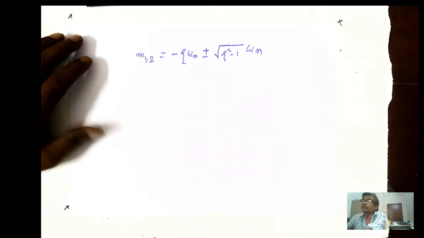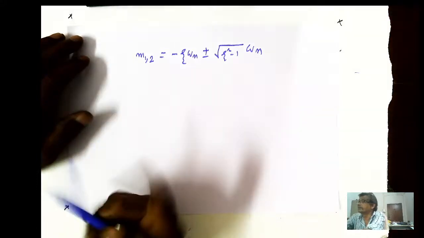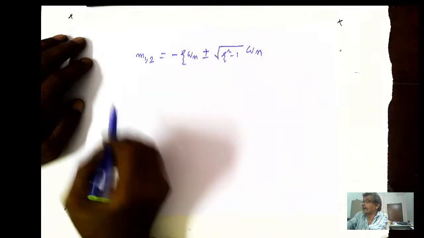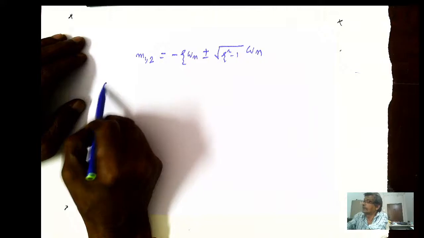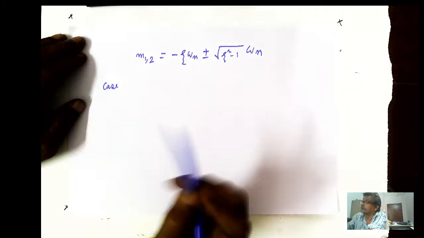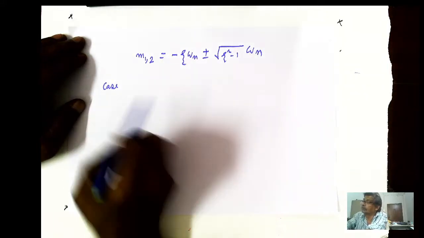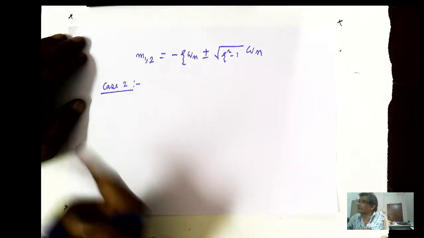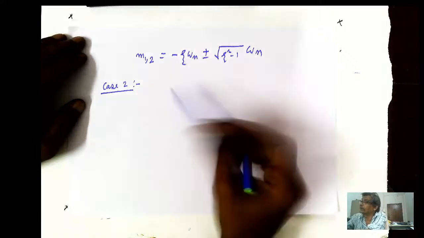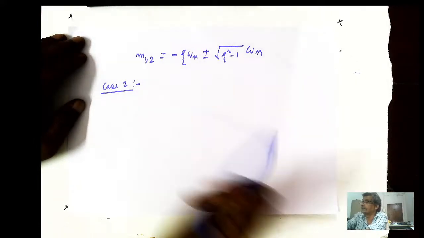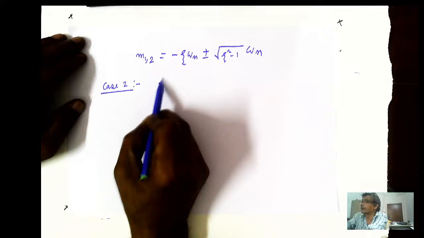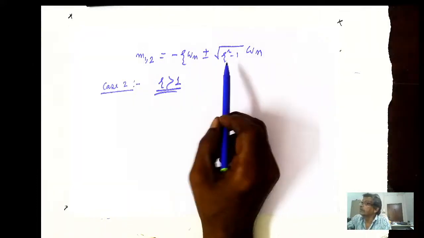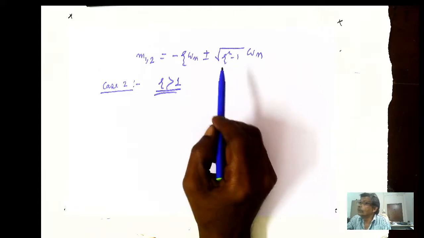That was case 1: when zeta was less than 1, this term became imaginary. Now another case, case 2. Anyway, that is not very important. Suppose zeta is greater than 1. Then the roots will be real.